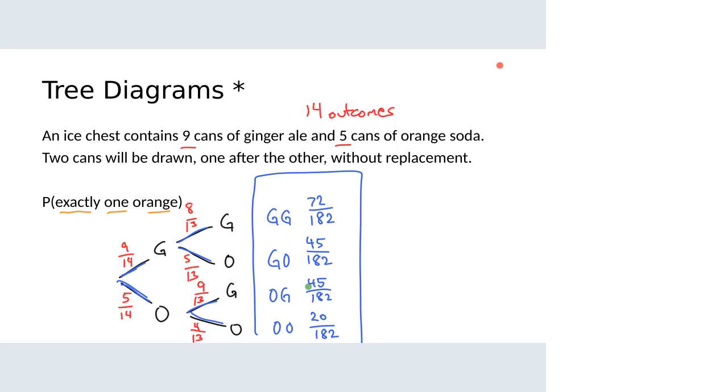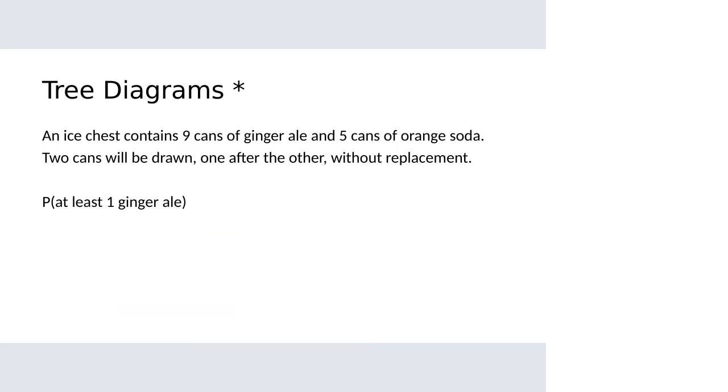All right, let's try another question. Same setup, same tree diagram. What is the probability of at least 1 ginger ale? I'll set up a poll for this one. The probability of getting at least 1 ginger ale.